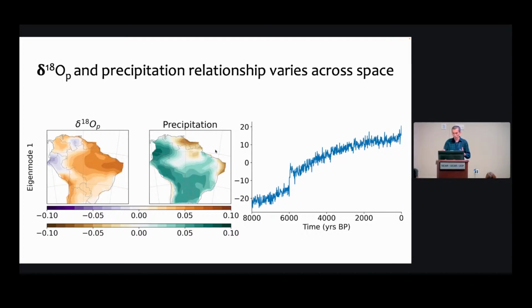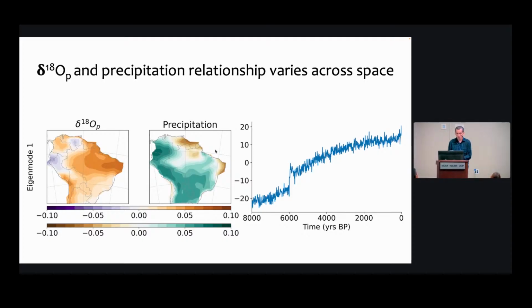I'm only showing you from 8,000 years before present to present. You can see there's an increasing trend over time, which is consistent with what we think about precipitation. It's getting wetter.